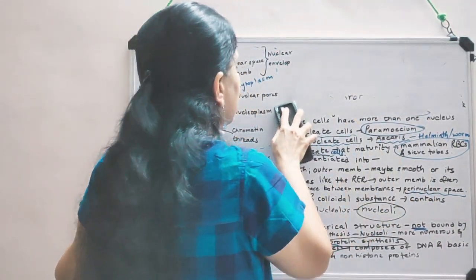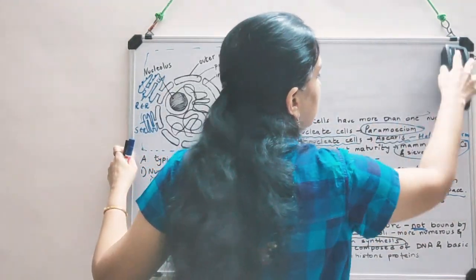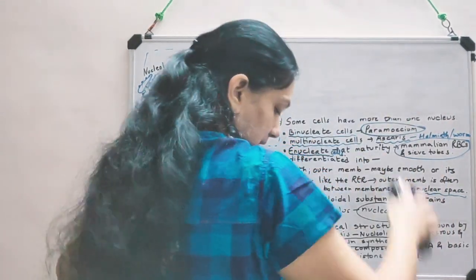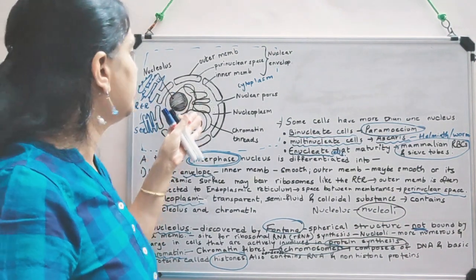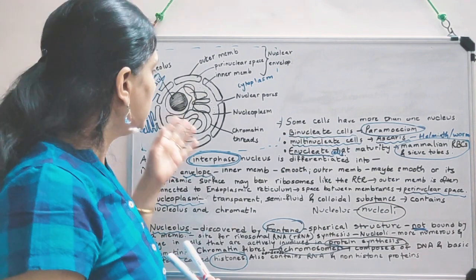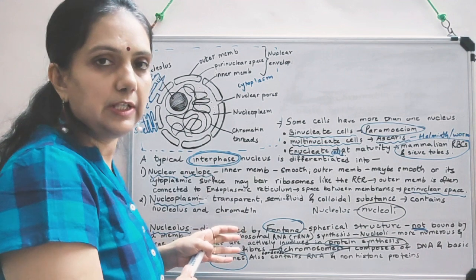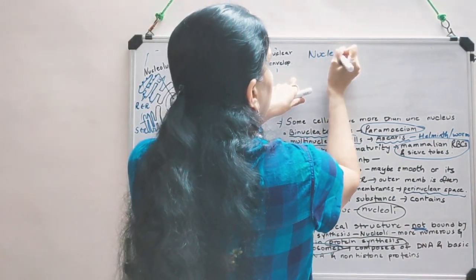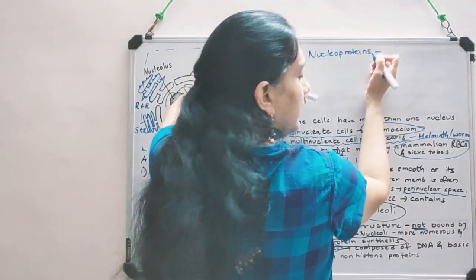Now chromatin material, chromatin threads or fibers, were discovered by a scientist called Fleming as they took up the basic stain. They are loosely diffused inside the nucleoplasm, forming a network, and these fibers are nucleoproteins. From the word nucleoproteins, you get the hint that they are made up of nucleic acid.